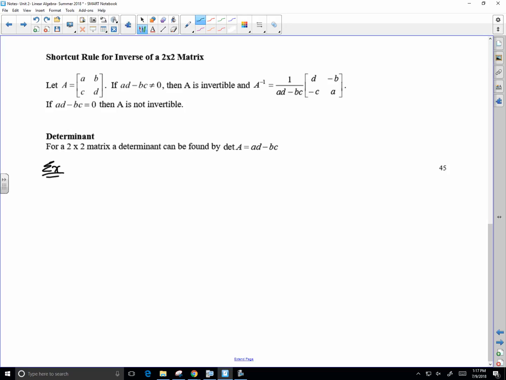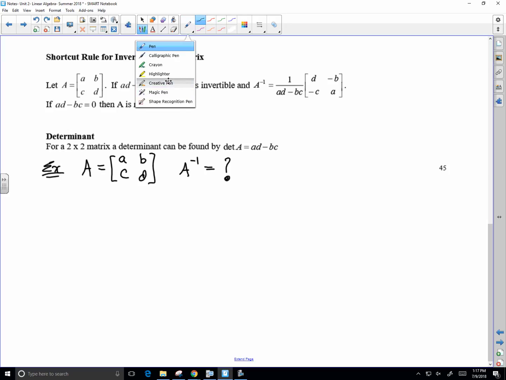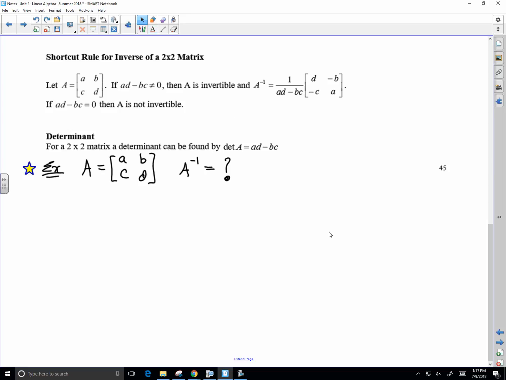Example. There we go. With that going up there, so I'll take that as a typo. Okay.